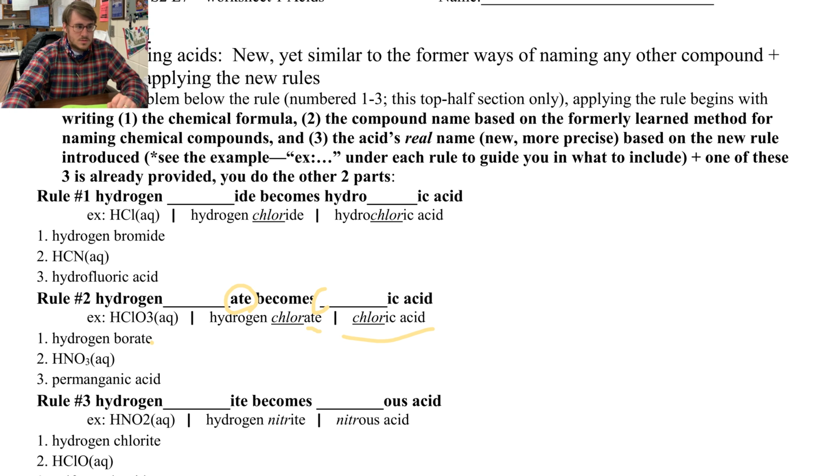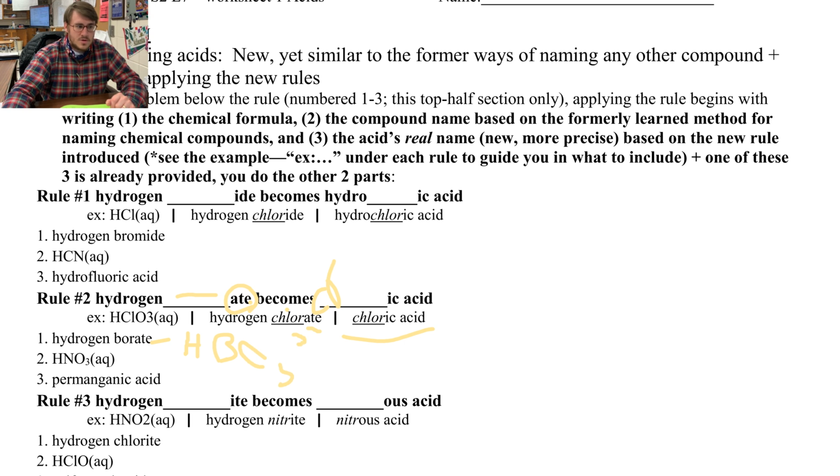The next one, you try it, and I'll tell you in a second. Anyway, I'll do the first one with you. Hydrogen borate becomes bor, carry the blank over, ic acid. So it's just boric acid. And the formula for hydrogen borate is H, and BO3 is borate ion.